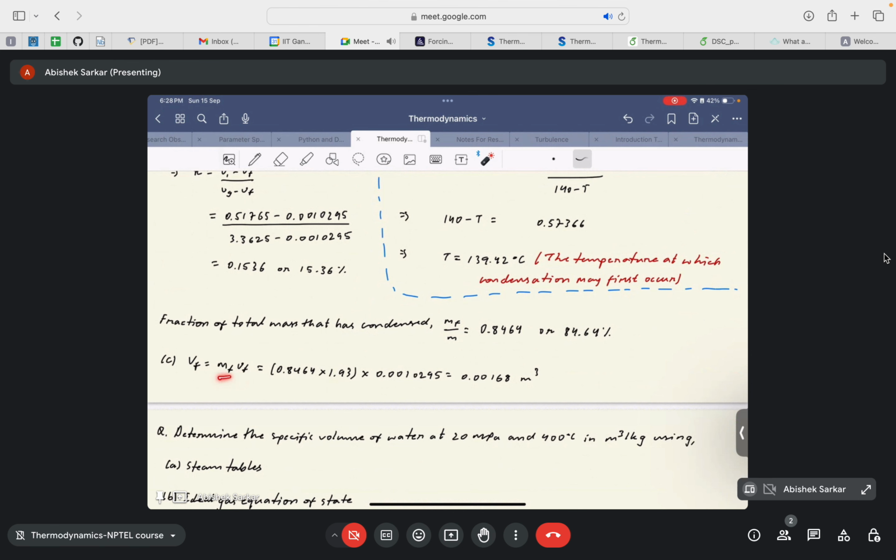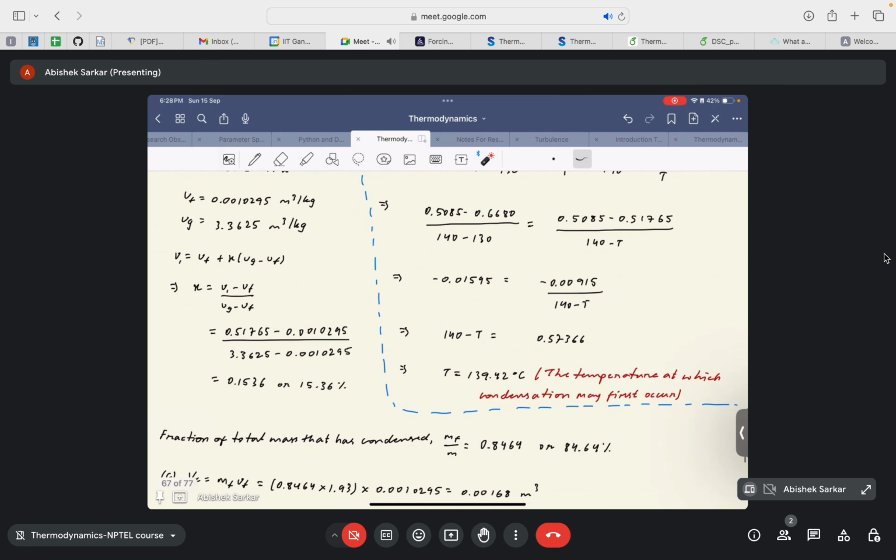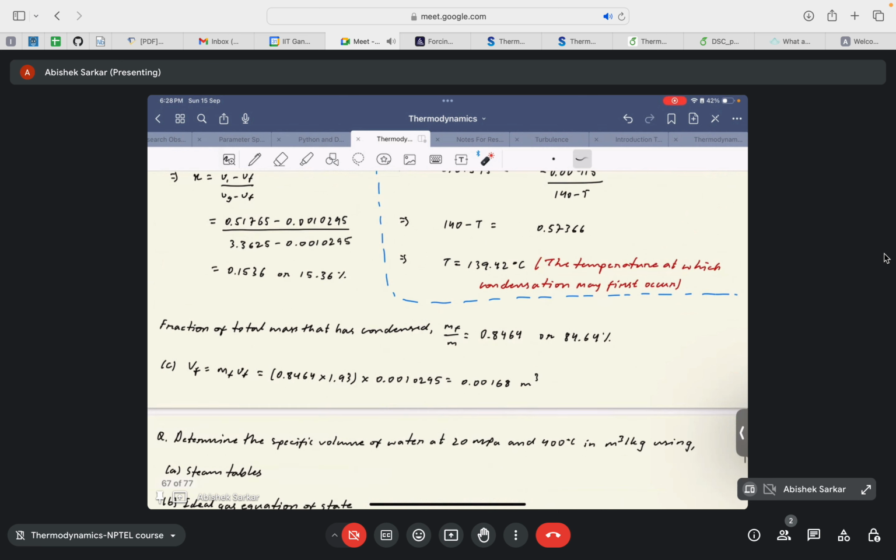It is already known for P equals 0.05 megapascal, and once you do the calculations, you will find that the total volume of the fluid in the liquid vapor mixture, not the specific volume, is 0.00168 meter cube.